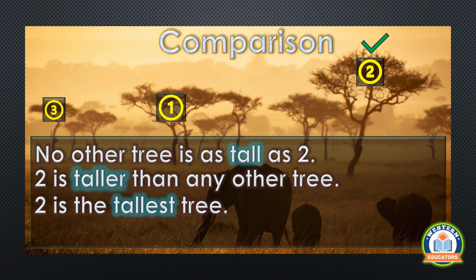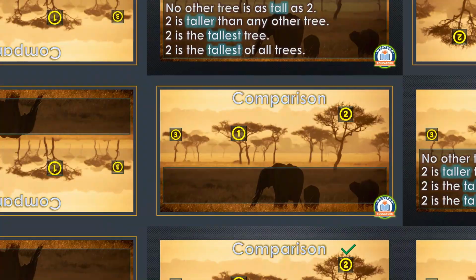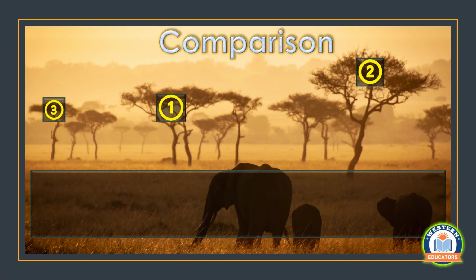And we can also say, in other words, 2 is the tallest of all trees. If we use of all, the following noun should be in plural. That you should note.